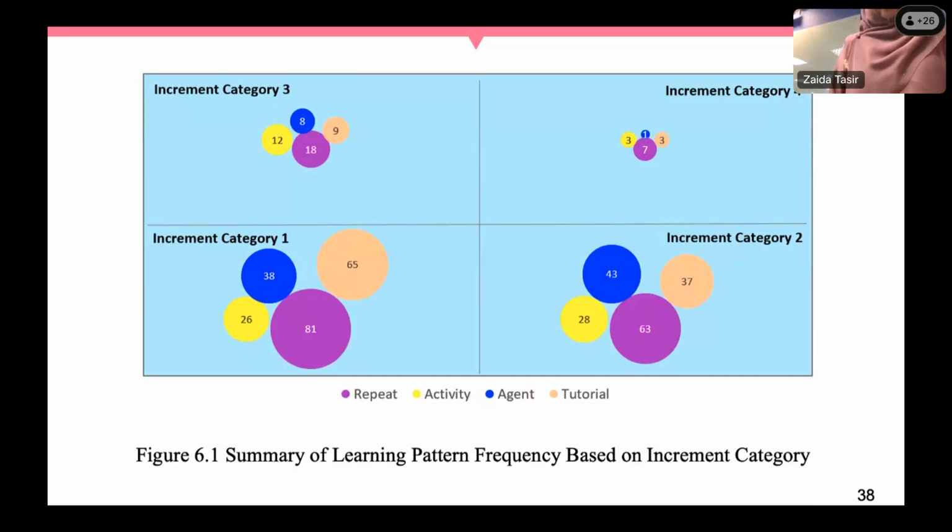Then we like to show that those in increment category 1 use the behavior of repeat activities and tutorial. So from here we can make a conclusion that regardless of which type of increments of the respondent, the repeat behavior, repetition in learning, is one of the behaviors that will increase their performance.